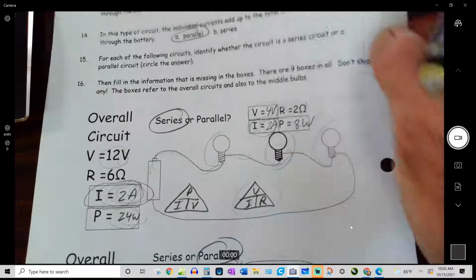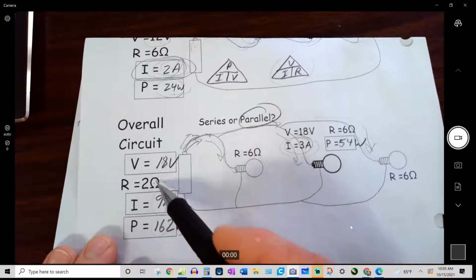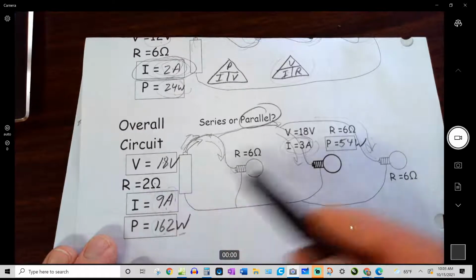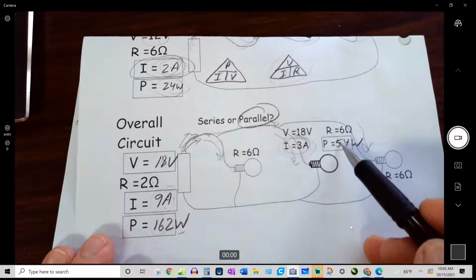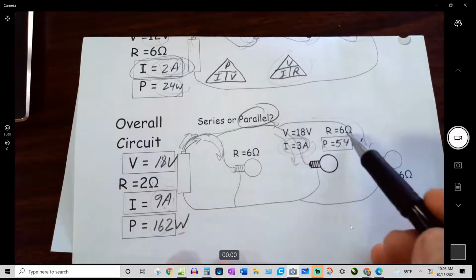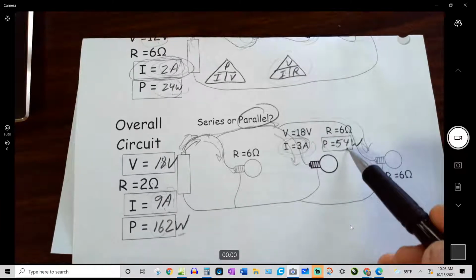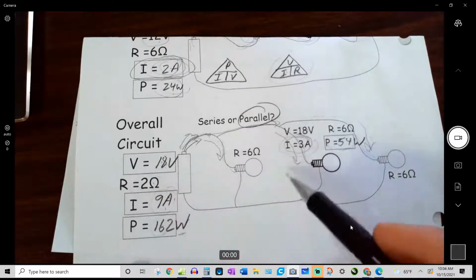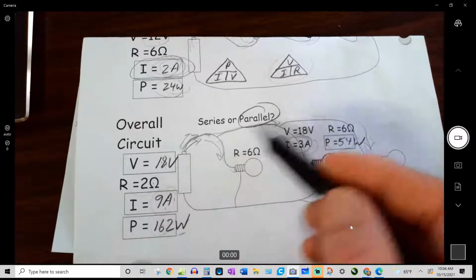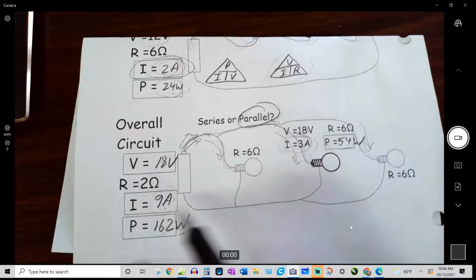The bottom one, the place I started with was that I couldn't use Ohm's law right away here because all I've got is R. Over here, I guess I could find P. That's the only thing I'm lacking. I could just multiply V times I and get P. But in order to get going here, I've got to use the fact that this is parallel, so this current plus this current plus this current add up to the total.